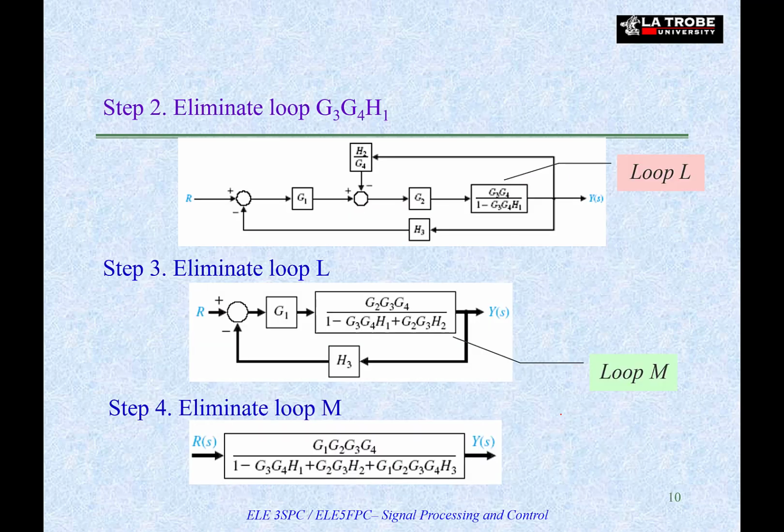So L2 now has become just one block because we have reduced it. And then after doing this, we can see that this loop can also be removed. And now it becomes a single block. After that, we only have one big loop left. And then we can reduce it to get to the final solution.